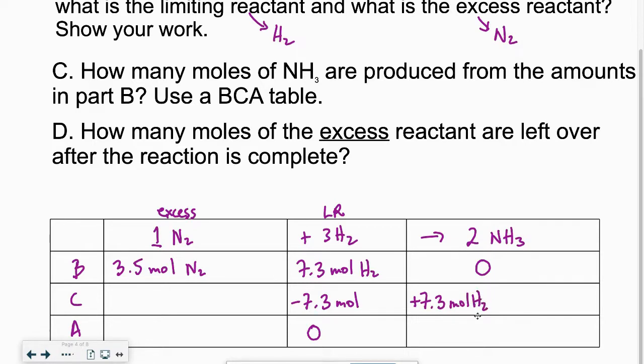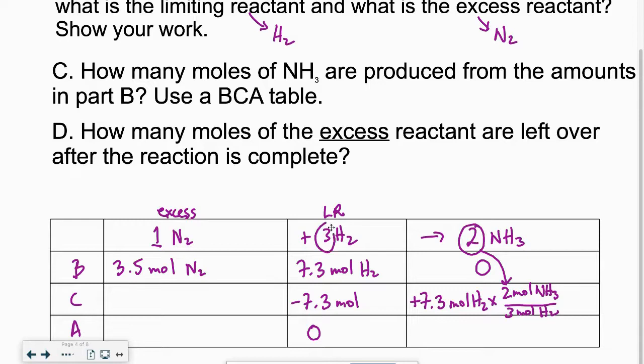I'm basing this amount off of the change in the hydrogen, and I just need to change this into ammonia by using my ratios, right? For every 2 moles of ammonia, I use 3 moles of hydrogen. I'm getting these numbers from my balanced reaction here.